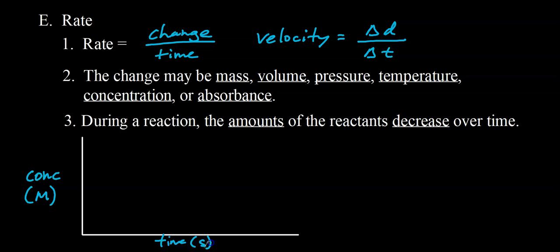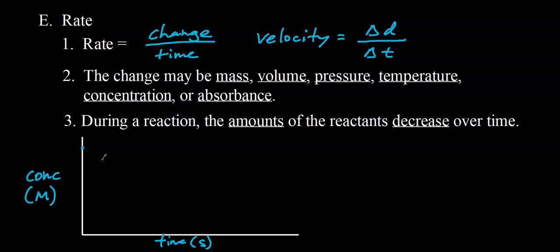And let's say we measure the time of the reaction in seconds. So let's say initially the concentration of some reactant is high. Over time, its concentration will decrease as it's being consumed. Now, interesting to note is that this relationship between concentration and time is not linear. The concentration does not change proportionally with the time.